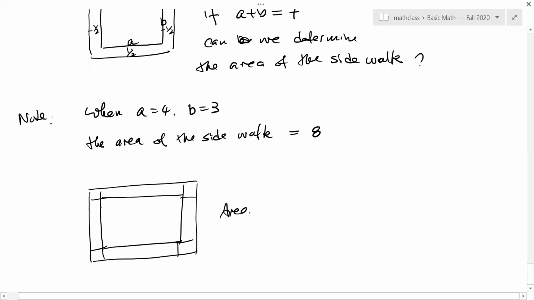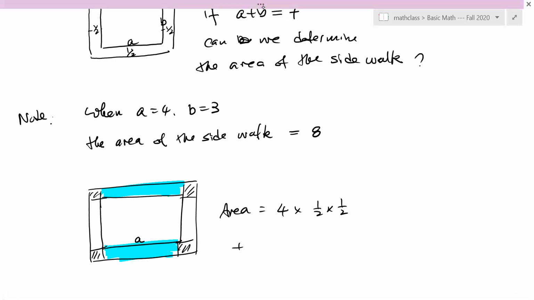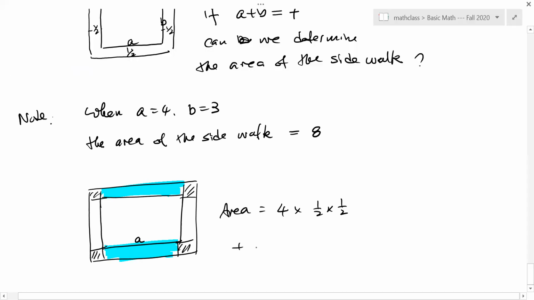So the area of the sidewalk is the area of the 4 squares plus the rectangles. Let's calculate the 4 squares. So that is going to be 1/2 times 1/2, right? All right, then we want to find the area of this side. Let's find the area of these two. We get 2 times A times 1/2, twice of that, right?